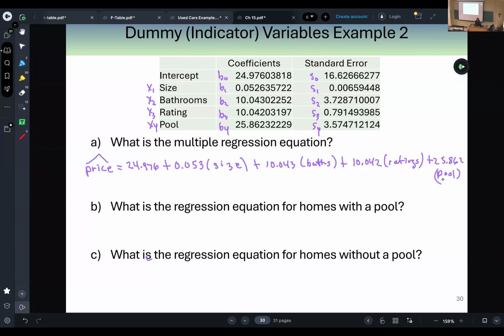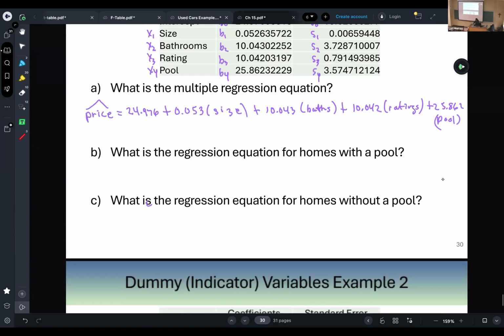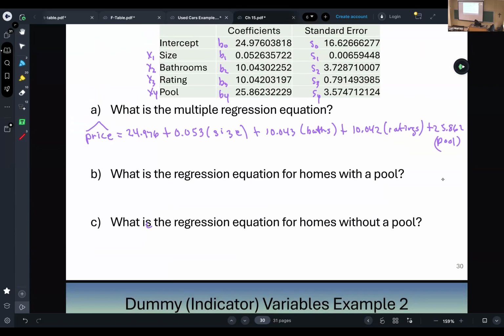So what is the regression equation for homes with a pool? We can put that in. We could keep it as price equals, with a pool, so that's going to be a 1. You know that pool is going to be 1, so I'm going to add those two together.